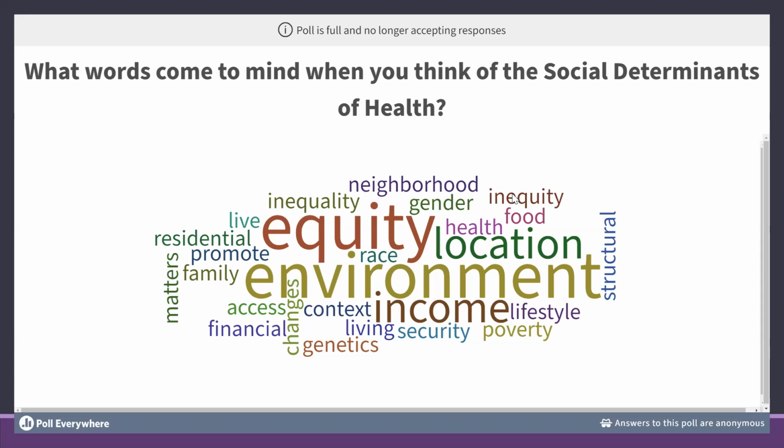So there's a lot of things that come to mind when you think of the social determinants, and all of them are correct. There's so many things that feed into the determinants, which is one of the reasons why it is such a big, complicated, monstrous issue.